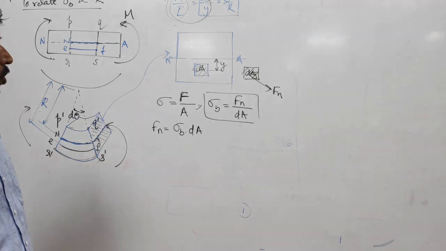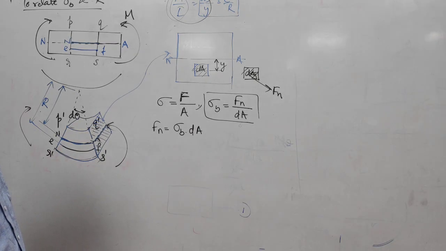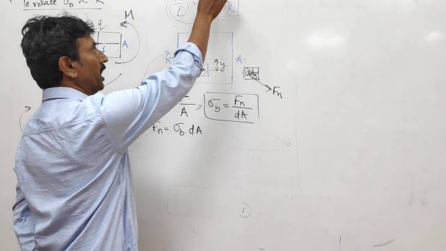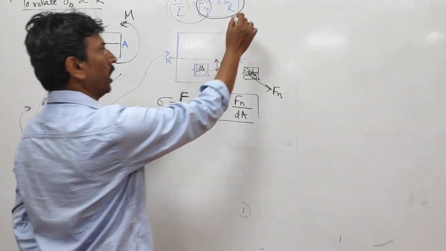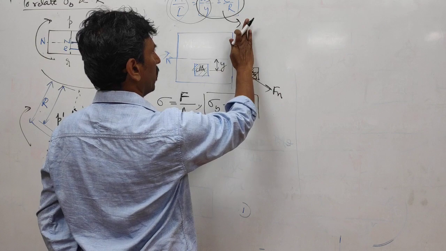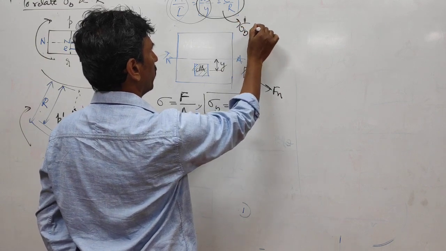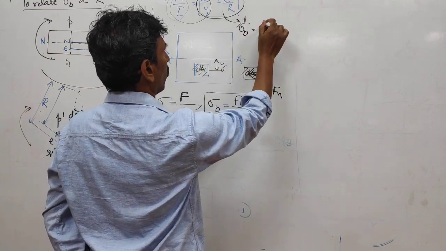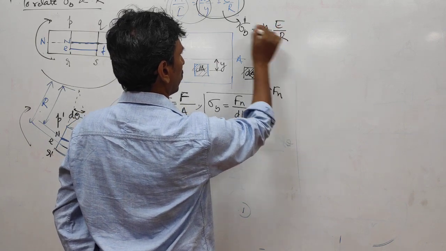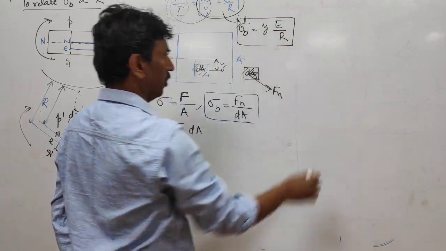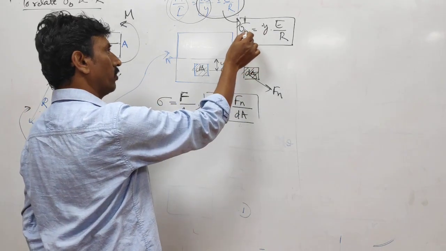And then we already know from the previous derivation, this part of the derivation we have already derived, that sigma b is nothing but y into E by R. So we are trying to use this part of the equation here.